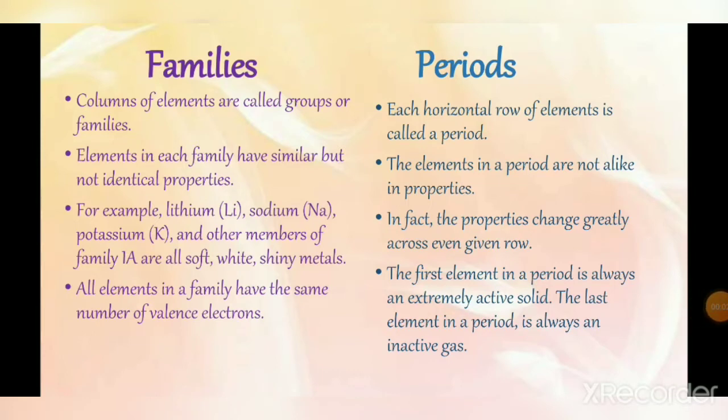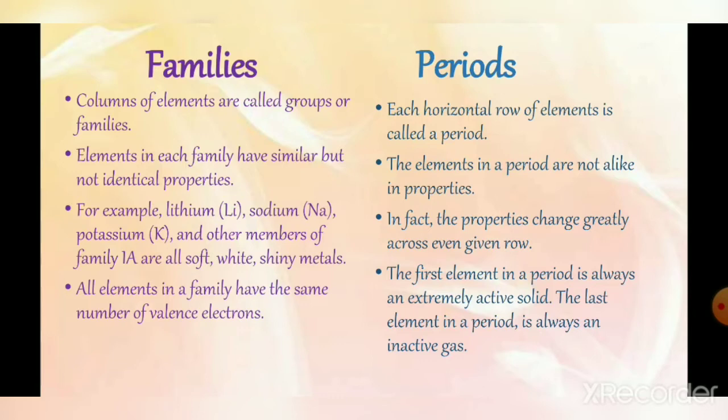So all the elements in a family have the same number of valence electrons. For example, in 1A and 2A, you will notice the valency, or sometimes the oxidation state, is the same for the elements present in a particular group.